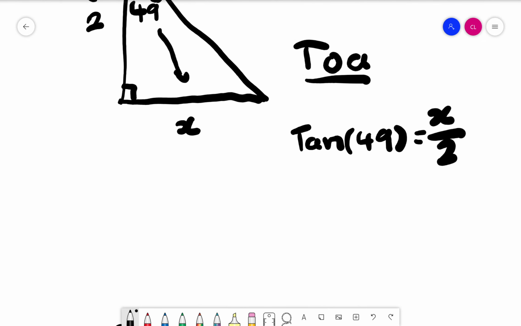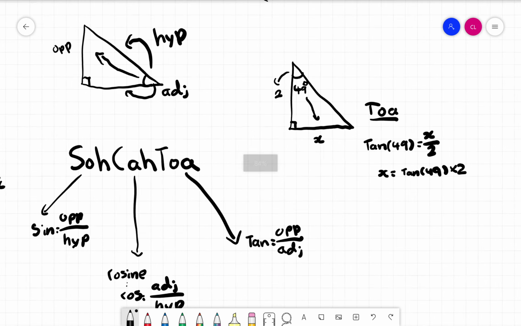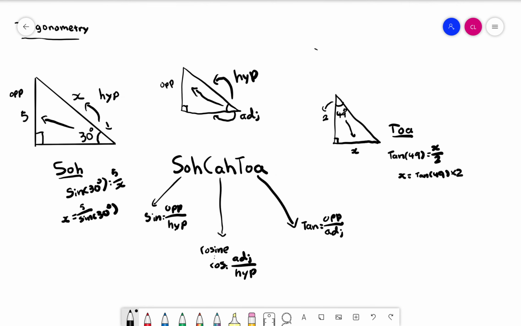So to get x, it's tan 49 times 2, which again I'm not going to type into the calculator.